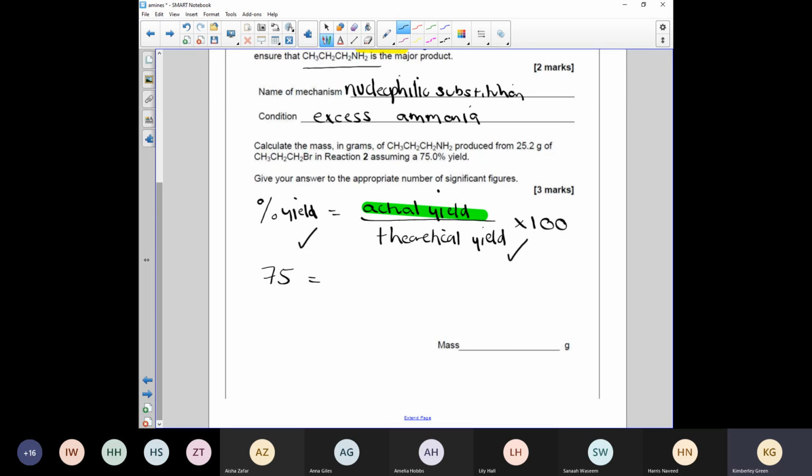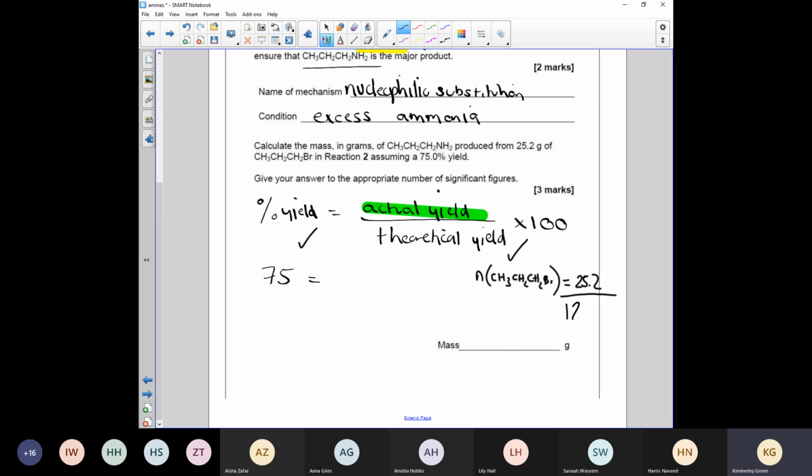So in order to work out how much we should get, I need to work out the moles of my bromopropane, so CH3CH2CH2Br. That is my mass, 25.2, divided by its Mr. So it's 3 carbons plus 7 hydrogens plus bromine.